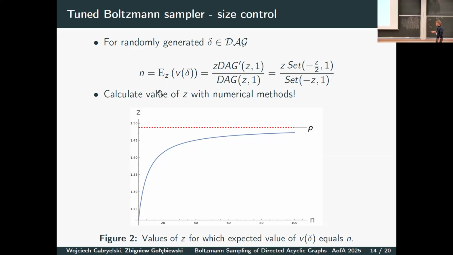And you can see that, for instance, if we want to have something about 100 vertices, then we have to choose a parameter that is about 1.47 or something. Then this red dotted line is just a singularity of the graphic generating function of the directed acyclic graph, so we cannot go above it.